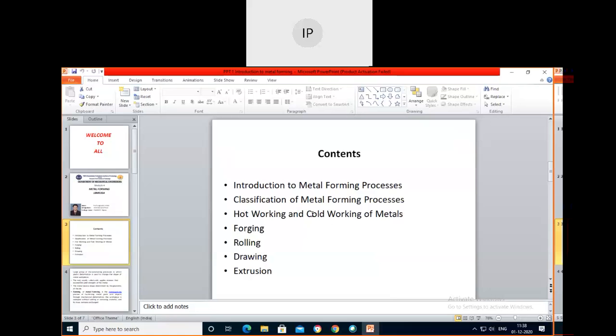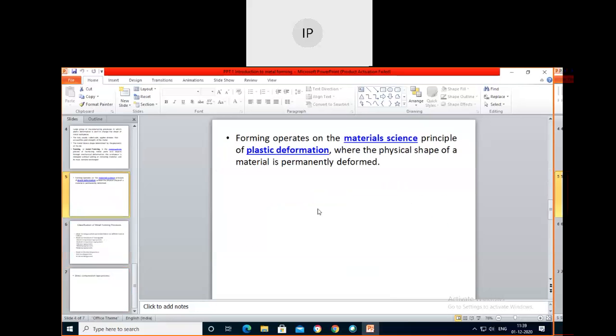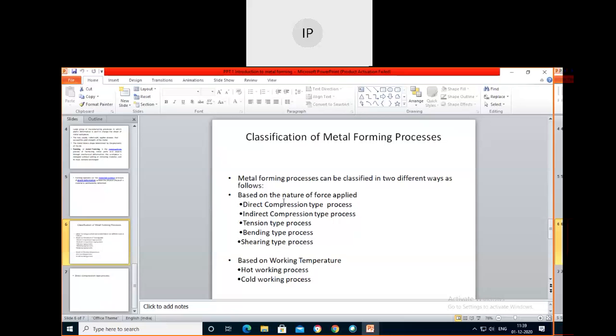If you see the classification of metal forming processes, basically we have two types. The first one is based on the nature of forces applied on the workpiece. In that we again have five types.